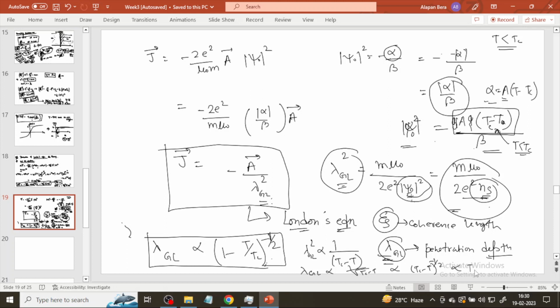If you take Tc outside, this gives you 1 minus T by Tc to the power minus half. So this is how the penetration depth depends on the temperature, and how you can determine this exact behavior from the second Ginzburg-Landau equation.